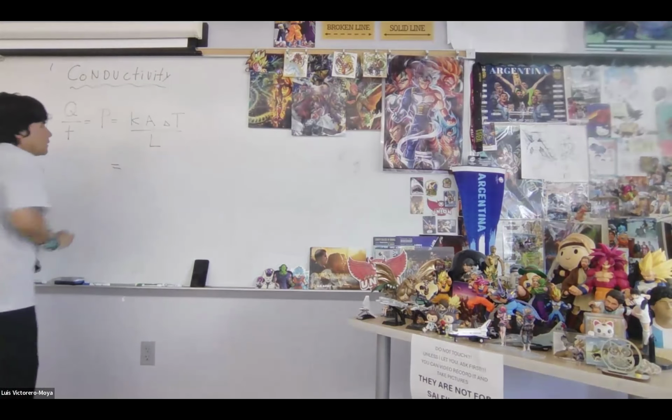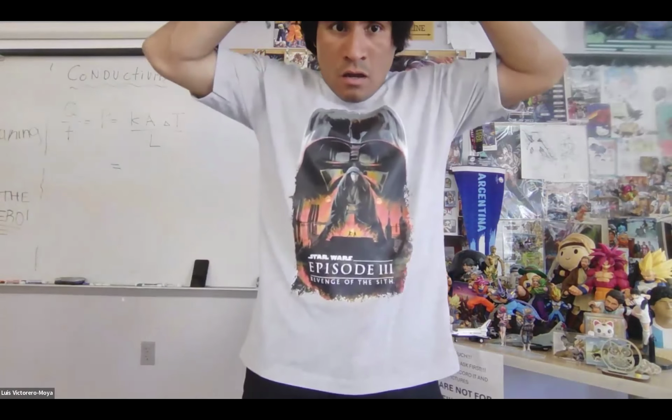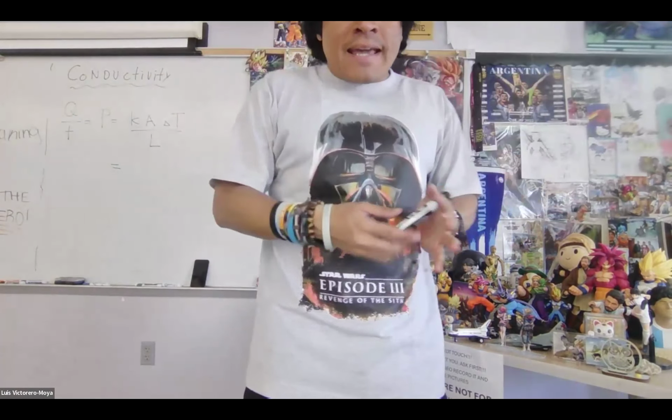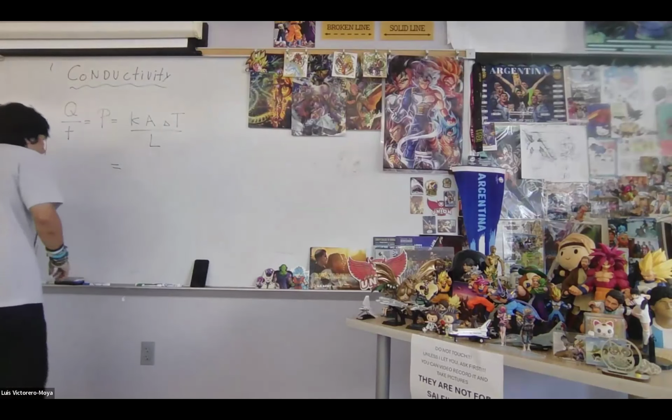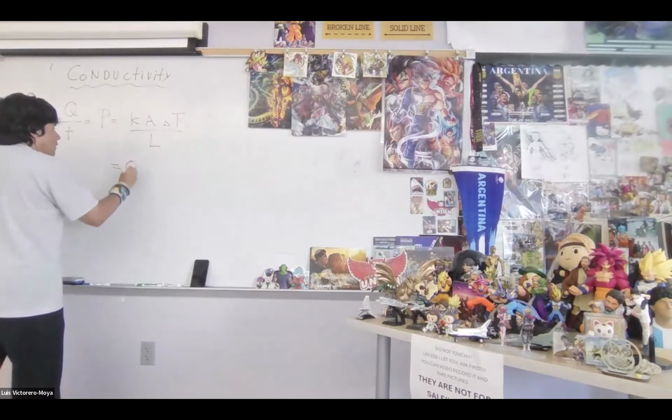You only need to figure out K. Now, for a window pane, if it's glass, K is 0.8 for glass.